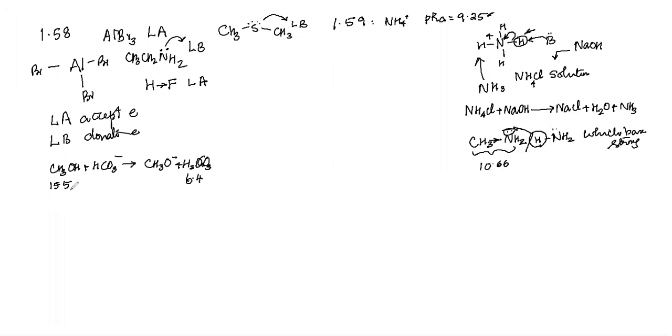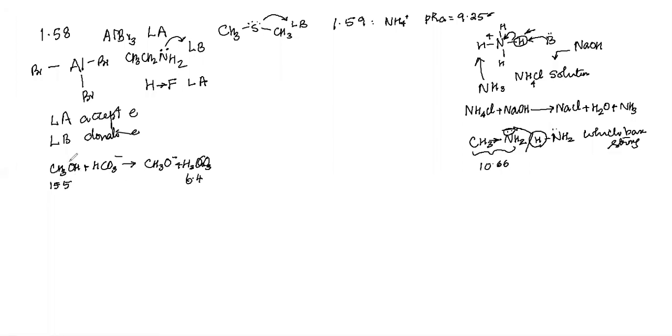The pKa value should increase. That means if this is 15.5, the acid which is generated should have a higher pKa value. So this reaction will not work.